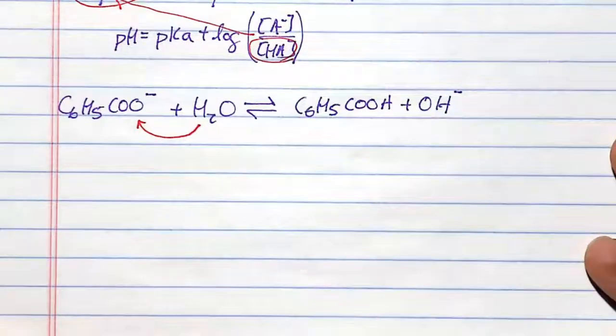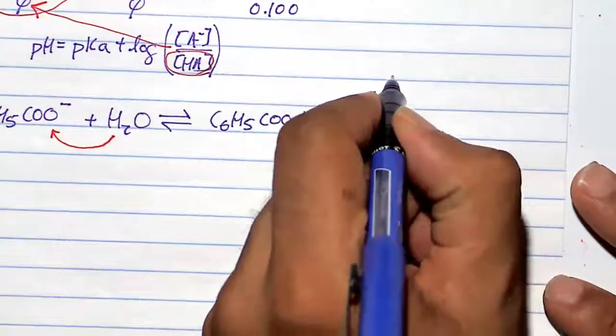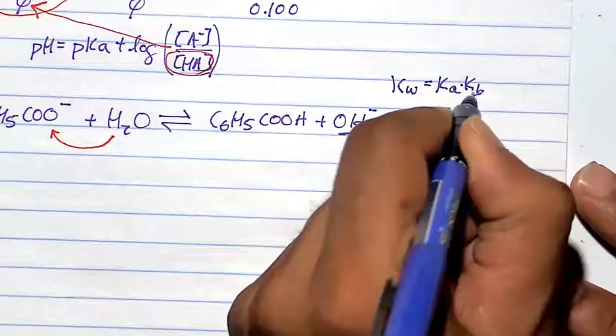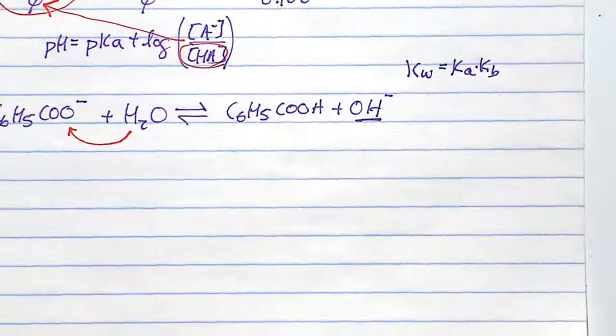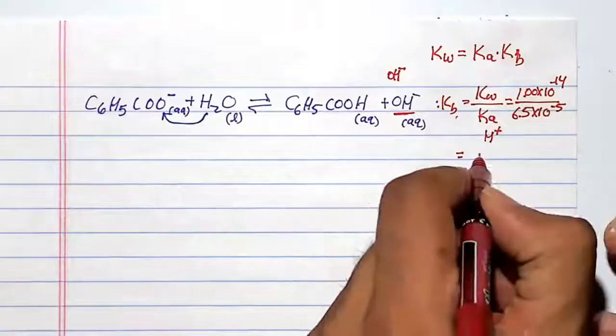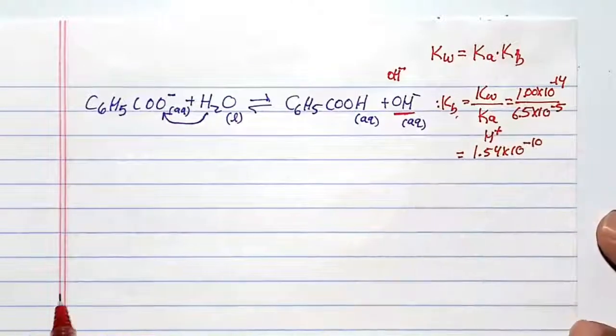This has a Kb value. Kb is nothing more than, by virtue of this relationship, Kw equals Ka times Kb. Remember, Kw is the autoionization of water. So the Kb here is 1.54 times 10 to the minus 10. So that is the equilibrium constant, the Kb, for this back reaction.